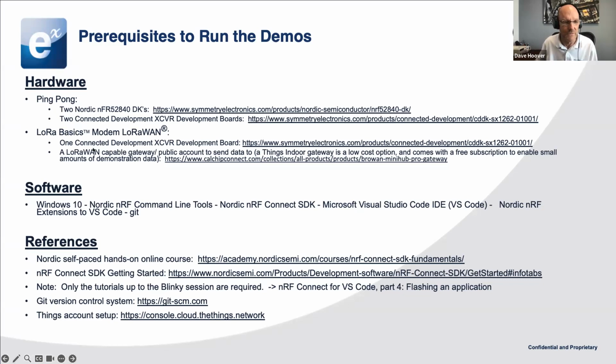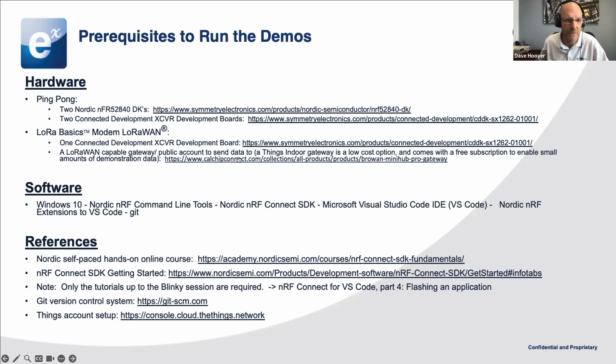In the LoRaWAN case, you would only need one development kit, and then you're talking to a gateway. So you would need a gateway that you're talking to. There are multiple gateways out there that do LoRaWAN that you can buy. I gave an example here in the presentation of one that's very cost effective and also comes with a limited amount of data, so that you can visualize whatever you're sending up to the cloud.